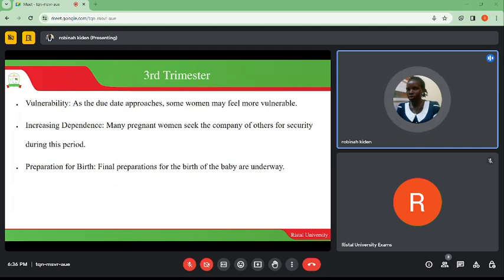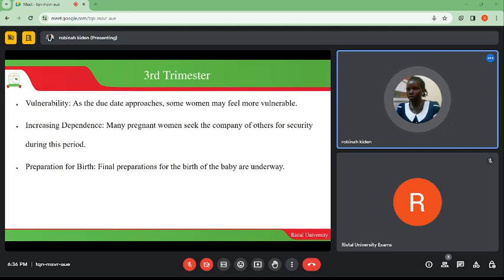So in the third trimester, there's this kind of vulnerability. As the due date approaches, some women may feel more vulnerable. They feel like they are helpless because they are not sure of what is going to happen during delivery.